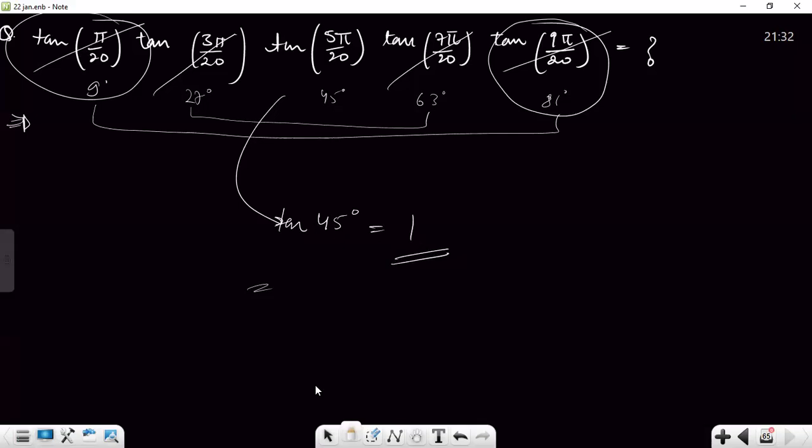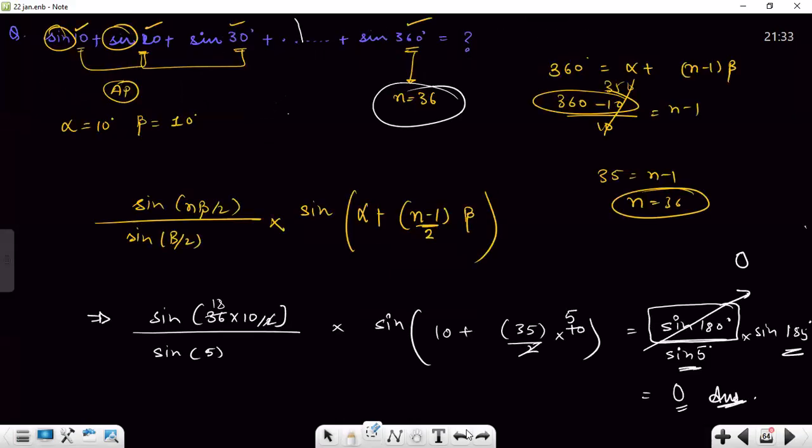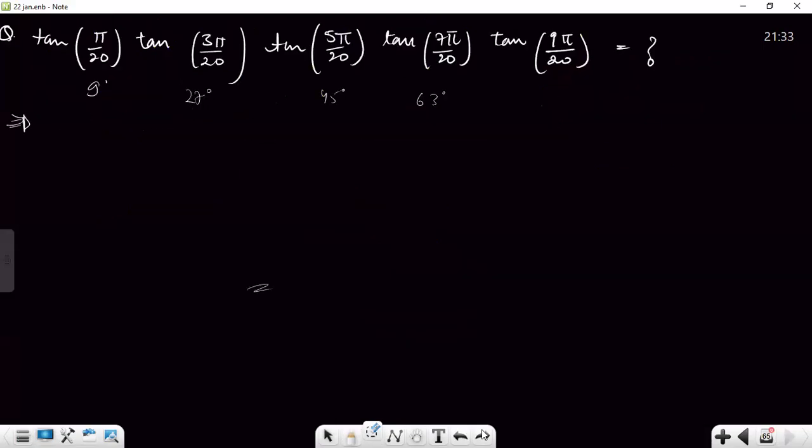Let me write the solution properly. Tan of 9 into tan of 27 into tan of 45 degrees, which is 1, into tan of 63, tan of 81.